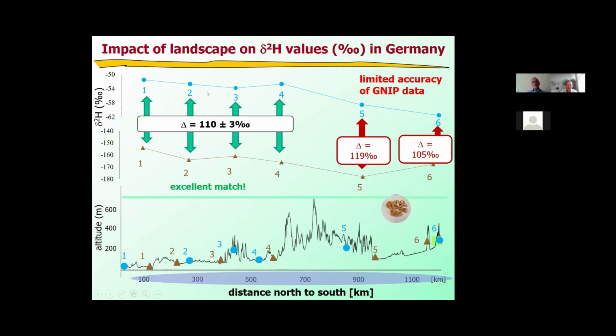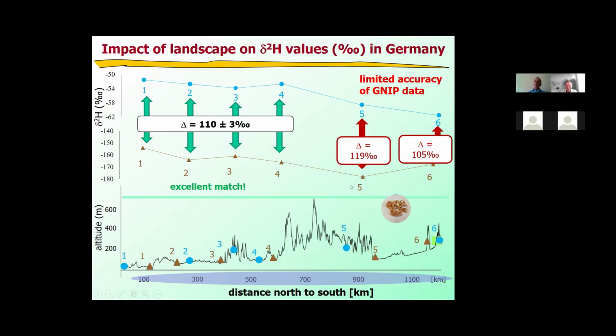And in the first 4 points, we had an excellent match between the discrimination between the water at the reference station and the walnuts of 110 per mil plus minus 3 per mil. So this is a very, very good match, so that we can say that for these 4 points, the isotope data we measured in the walnuts are representative.